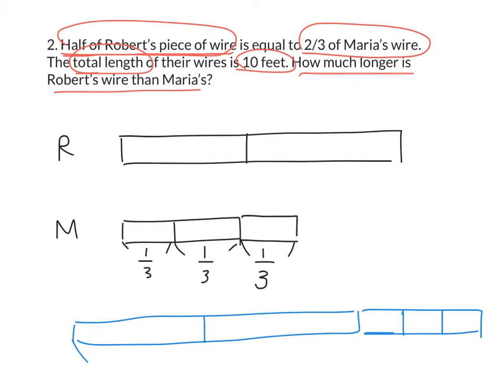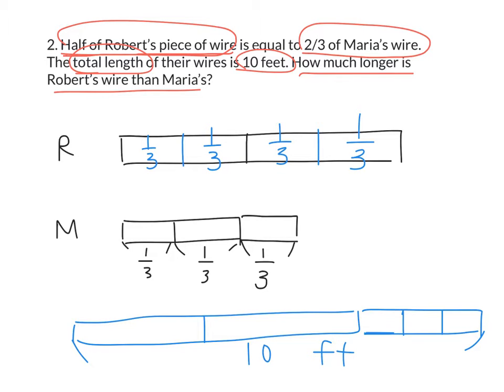And all together, it's what? 10 feet. Now, you might think, how can I figure out how long their wires are? Let me ask you a question. If half of Robert's wire is 1/3 of Maria's wire, how many thirds altogether is Robert's wire? 4/3. So how many thirds do we have altogether? 1, 2, 3, 4, 5, 6, 7.